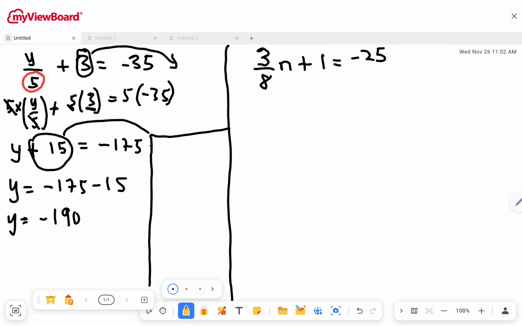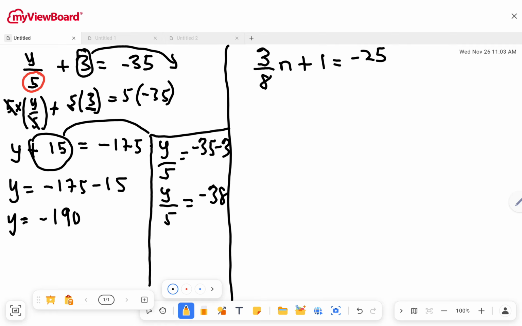So we are going to have y out of 5 is equals to negative 35 minus 3. So negative 35 minus 3 is going to give us negative 38. So y out of 5 is equals to negative 38.